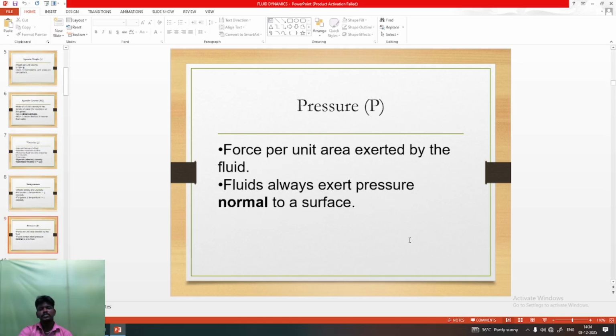The next property is pressure. Pressure means the force exerted over an area. The fluid always exerts pressure normal to a surface, which means perpendicular to the surface. That is pressure.